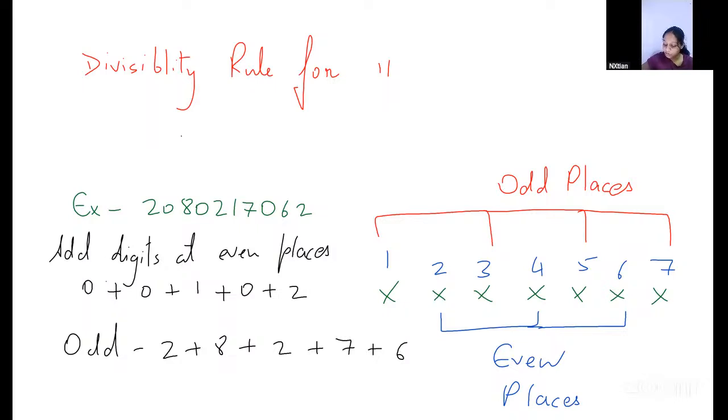Can you find sums of both and let me know? Three and 25. What should I do in that?